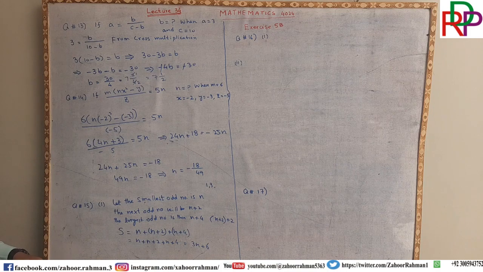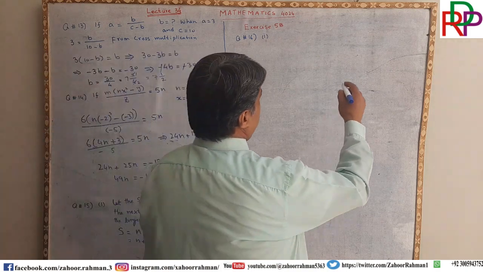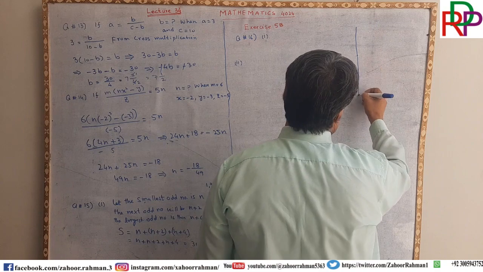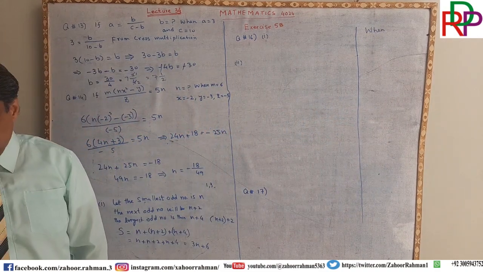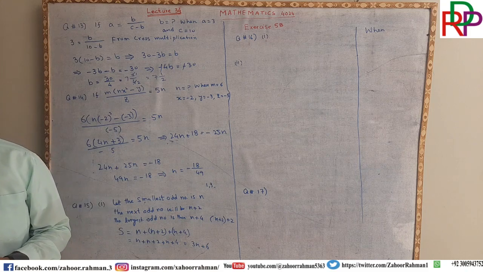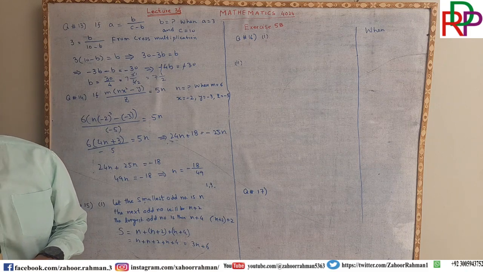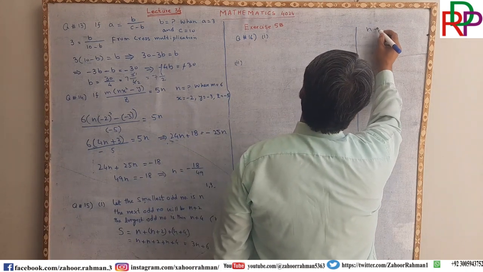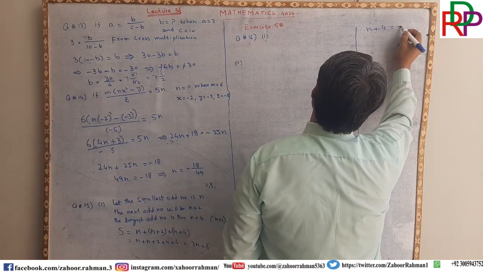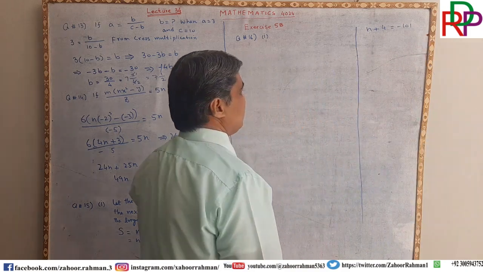The second part here, then we have to find n plus 4. n plus 4 is equal to minus 101. How did we get that?